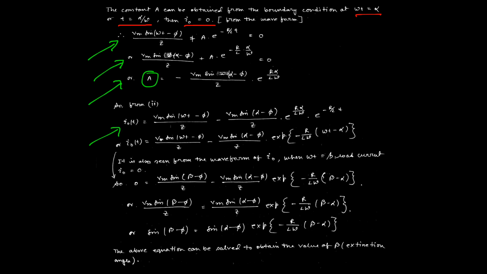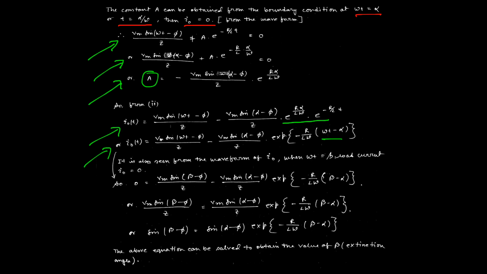After simplification, we get the result, that is I0(t) equal to Vm sin (omega t minus alpha) by z minus Vm sin (alpha minus phi) by z, and this term can be expressed as exp, that means exponential term, under bracket minus R by L omega, that is the common part, then the remaining part is defined by the first bracket, that is (omega t minus alpha).